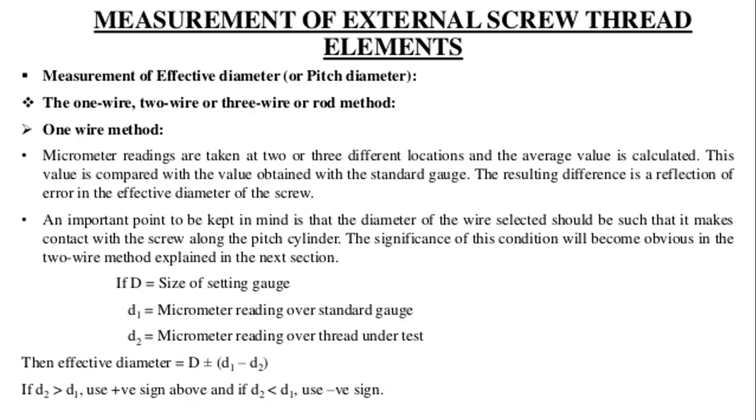That value has to be compared to the original theoretical value, which is obtained from the standard gauge, and the resulting difference is a reflection of error in the effective diameter of the screw. So it leads to some difference from the original diameter of the screw.